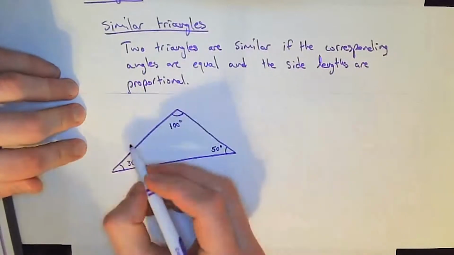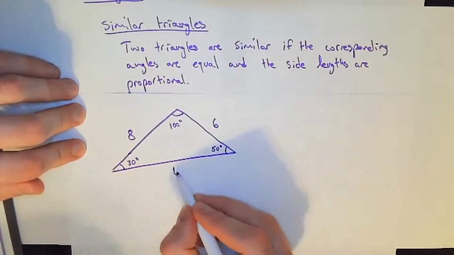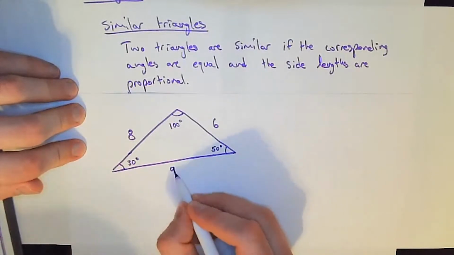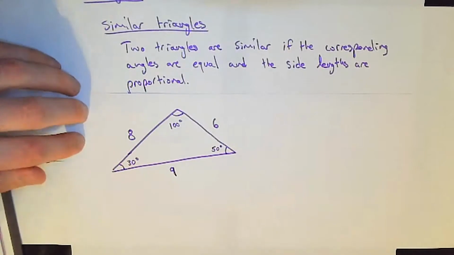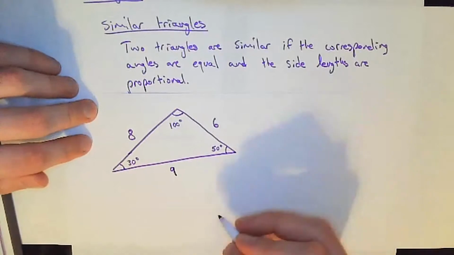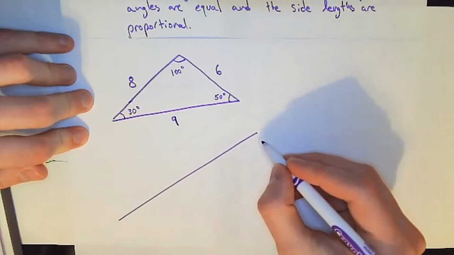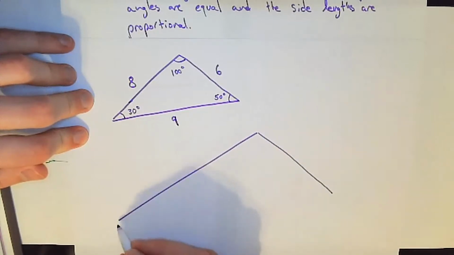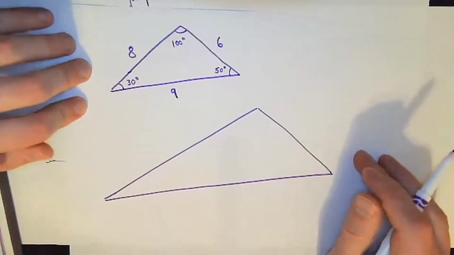And let's say I have a side length here of 8, a side length here of 6, and a side length here of 9. If I draw another triangle that's twice as big, roughly twice as big, I'm kind of limited by the size of my paper here.